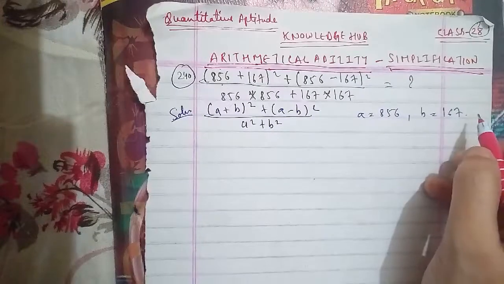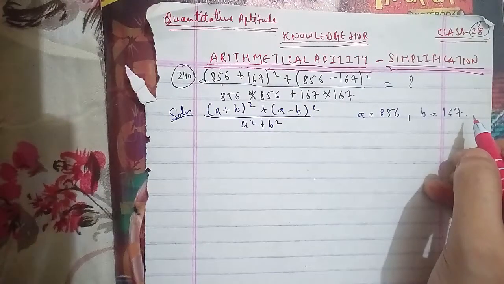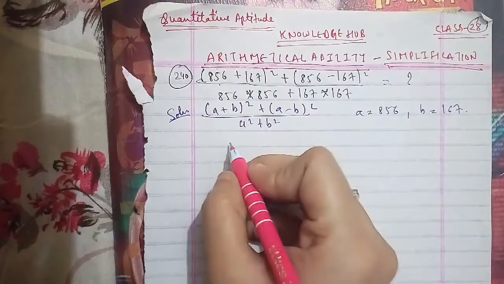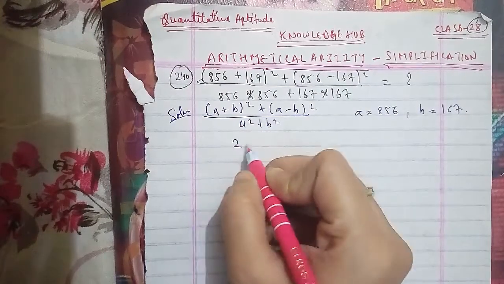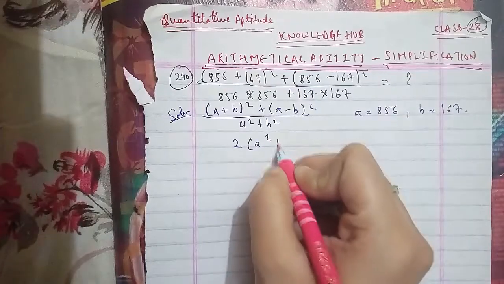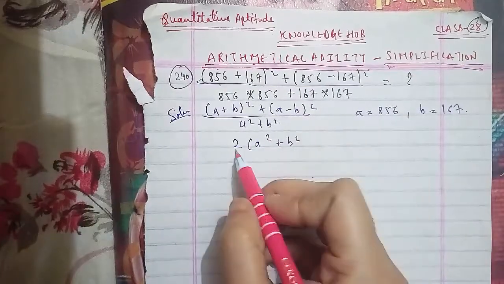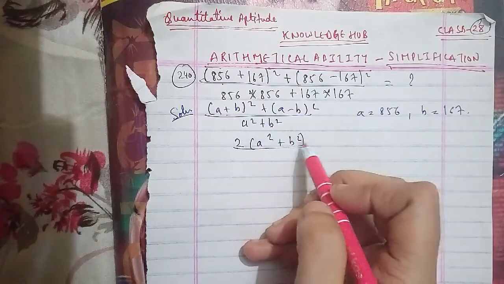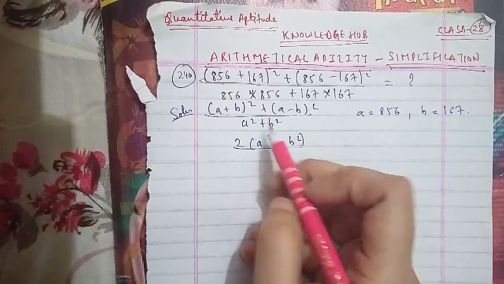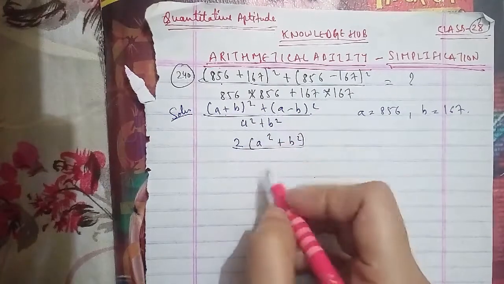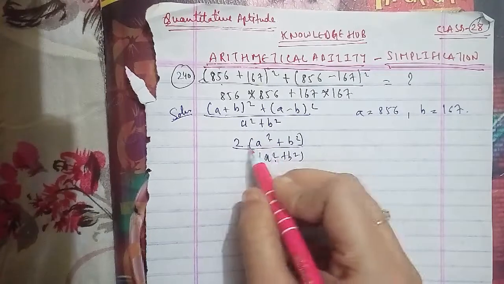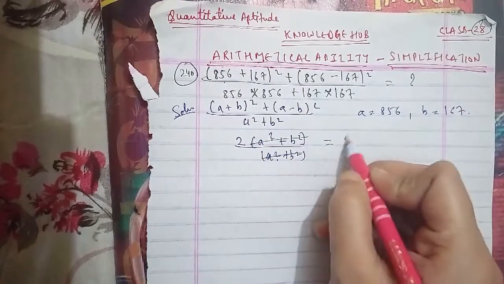So we'll implement it: (a plus b) square plus (a minus b) square equals 2 times (a square plus b square), whole upon a square plus b square. The a square plus b square is the same, so we can cancel it out, and we get 2. That will be the right answer for this question.